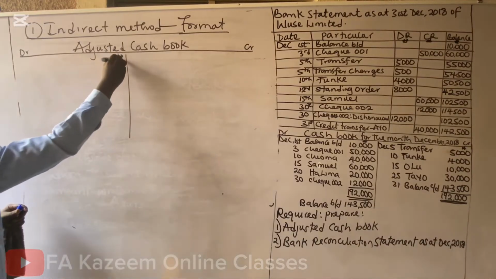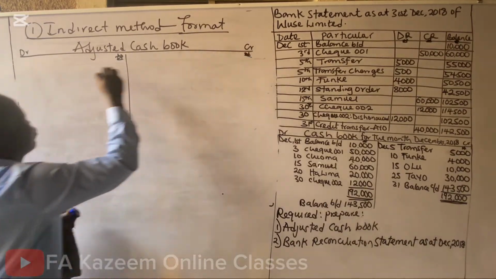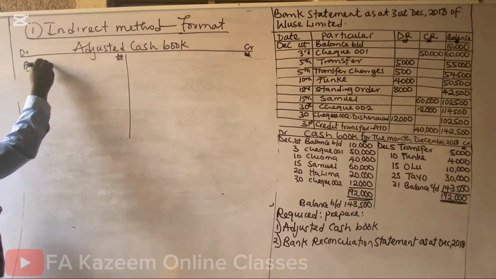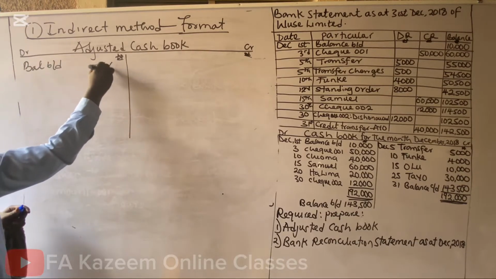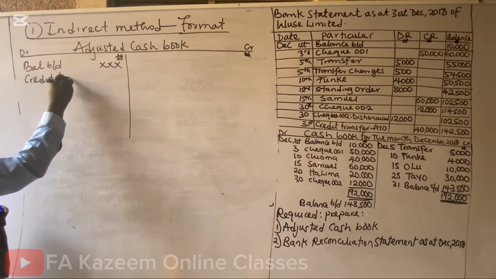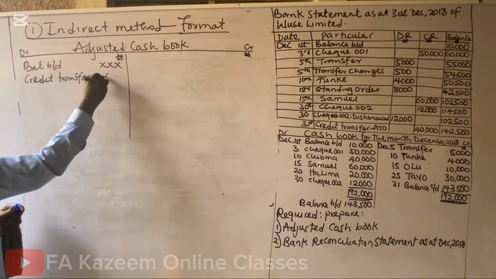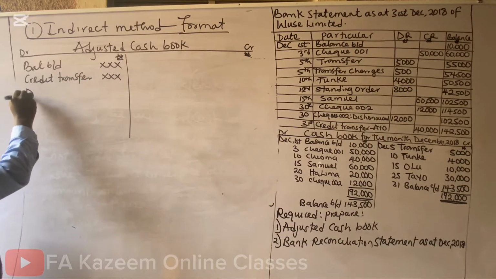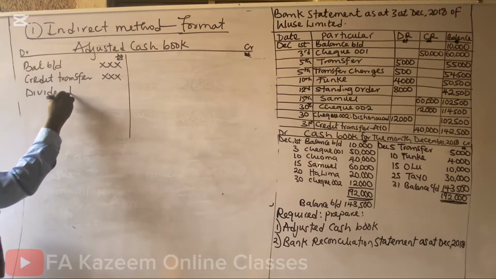Under the adjusted cash book, we'll start with balance brought down. We'll put here credit transfer, and we also have what we call dividend received.